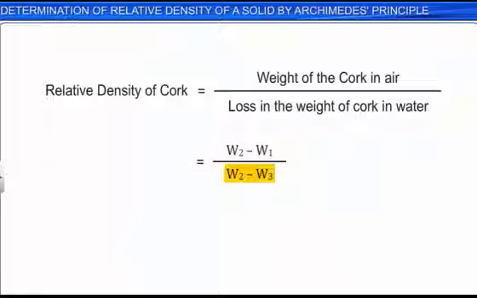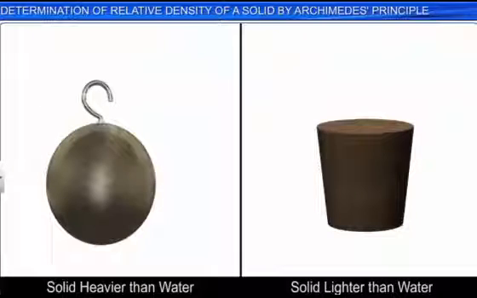Using this formula, we can calculate the relative density of a solid that is lighter than water. Thus, we have deduced the formulae for the determination of the relative density of solids that are either heavier or lighter than water.